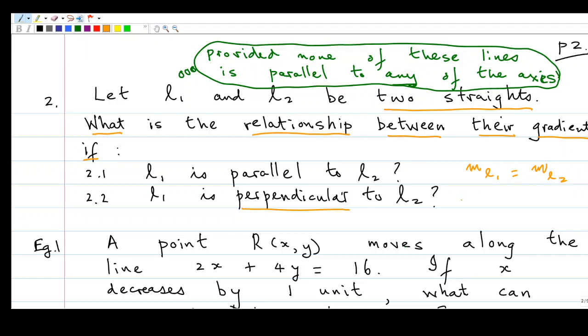In this case, the product of the gradients of these two lines, so the gradient of L sub 1 multiplied by the gradient of L sub 2, must give us -1.